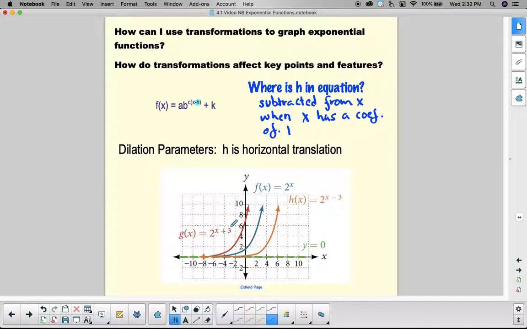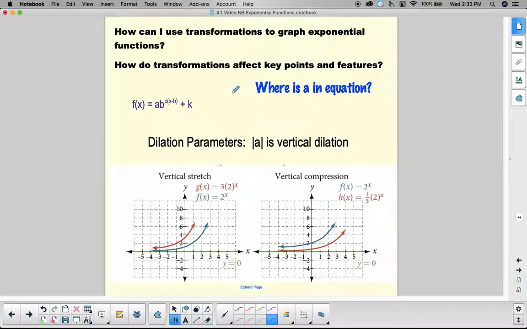If we add 3 to x, that's like 2 to the x minus negative 3, and all points on the graph shift 3 units to the left. Horizontal translation causes a change in the y-intercept. The horizontal asymptote stays the same. All the points translate with h.